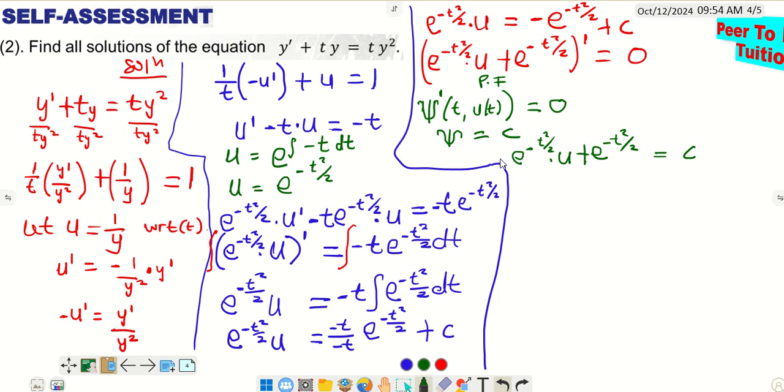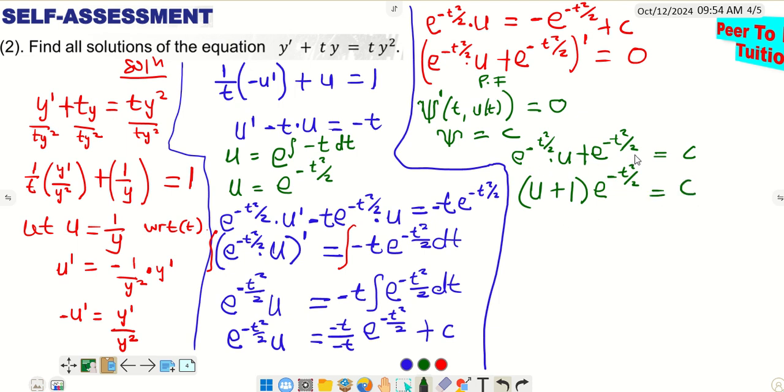From here, I can divide through by, there are two ways of doing it. If I like, I'll factorize u plus 1. Then this will multiply e^(-t²/2). And this should be equal to c.